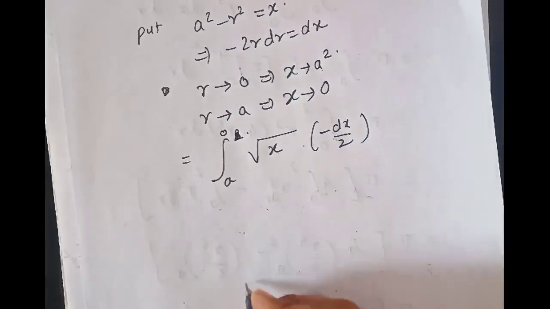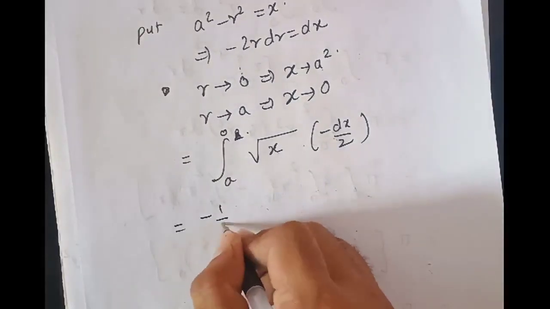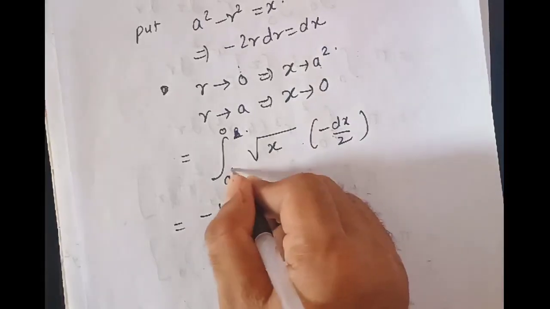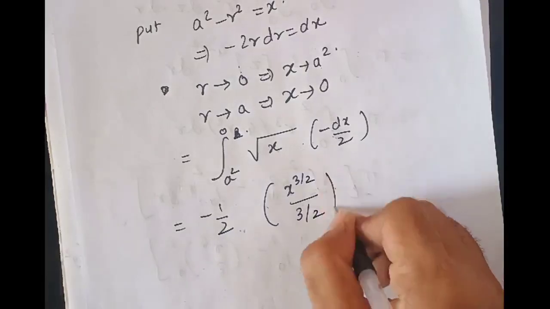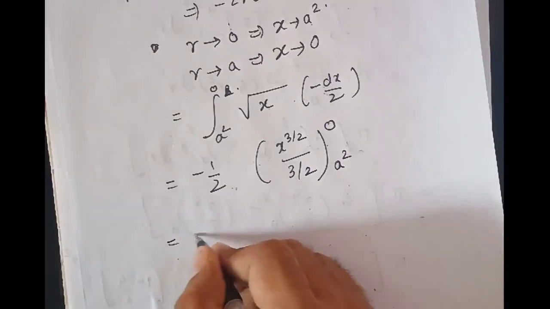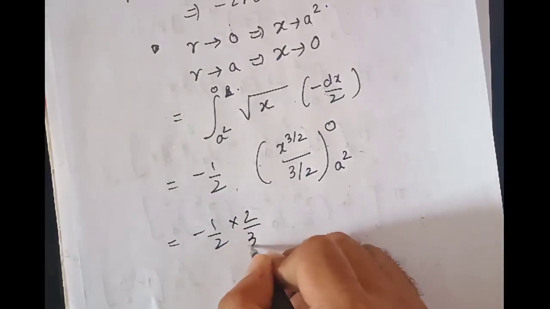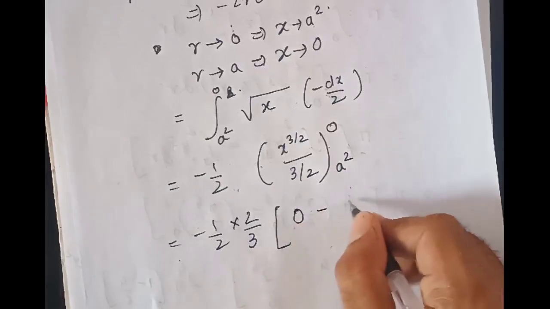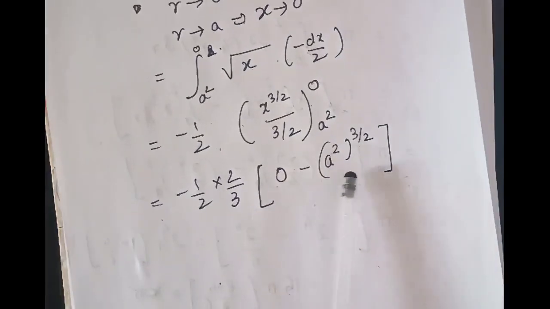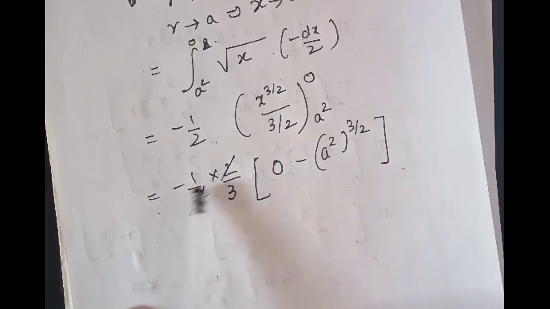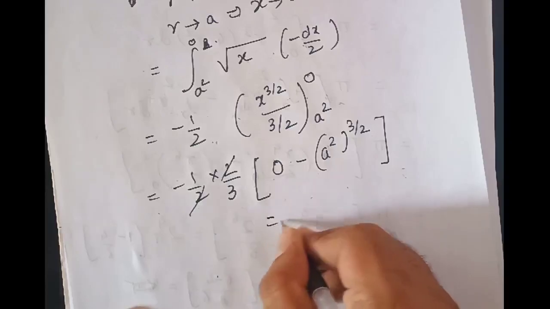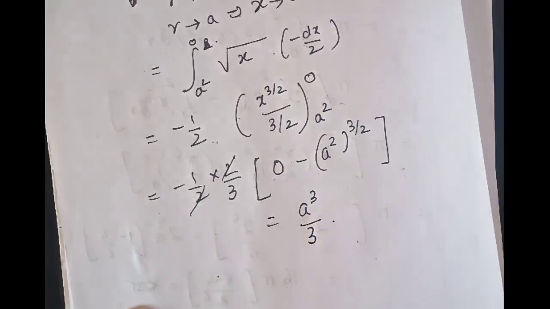So minus half I'll take out, and this integral is x raised to 3/2, divided by 3/2, from a² to 0. Alright, so this becomes minus 1/2 into 2/3, and this is upper limit minus lower limit, and by law of indices we can see that minus minus becomes plus, and this becomes a³.